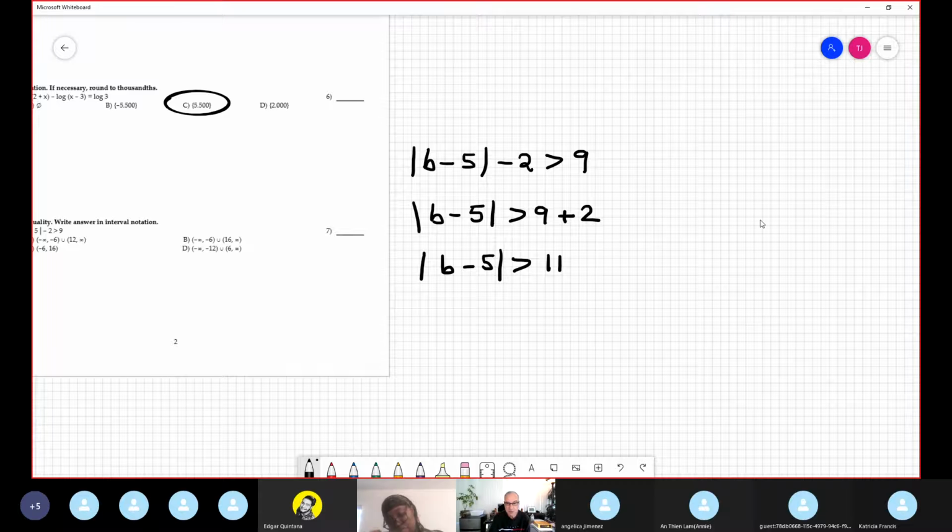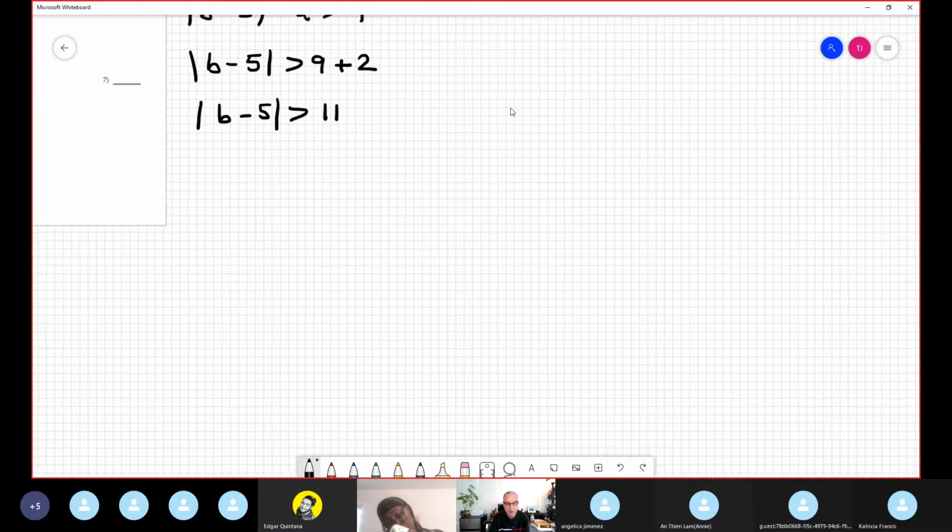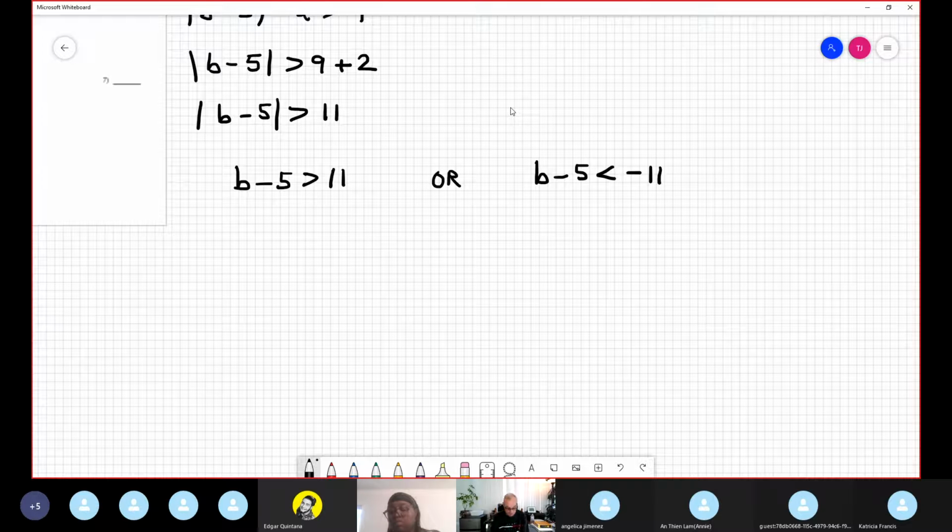Now you separate it into 2 pieces, because I remember very well that the solution for the inequality when it's greater than contains 2 pieces. I copy the first piece because it's exactly the same when you remove the bars. And for the second piece, you remove the bars again, but you put less than negative 11. This is the crucial moment, the key idea to remember.